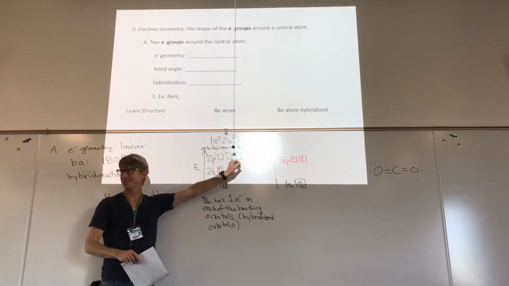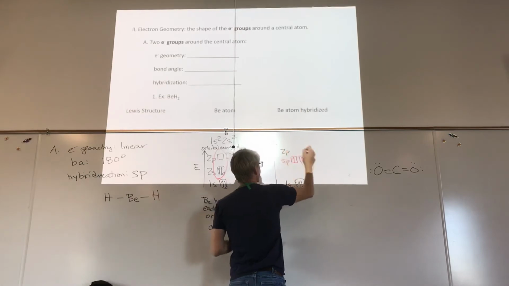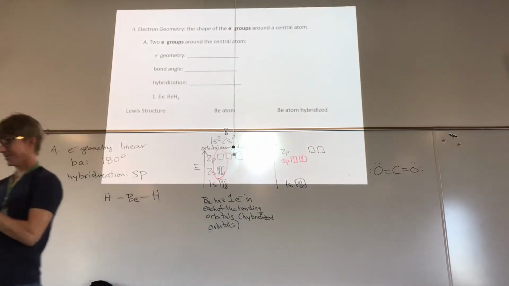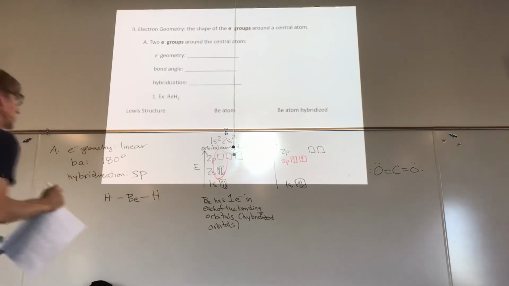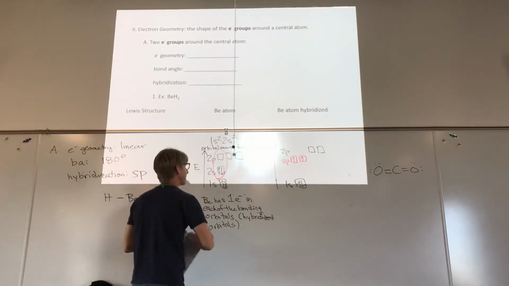I didn't circle these 2. They don't hybridize. They stay the same, and they're still empty. And so I've now just redrawn the hybridized beryllium atom. These 2 are supposed to be at the average here.